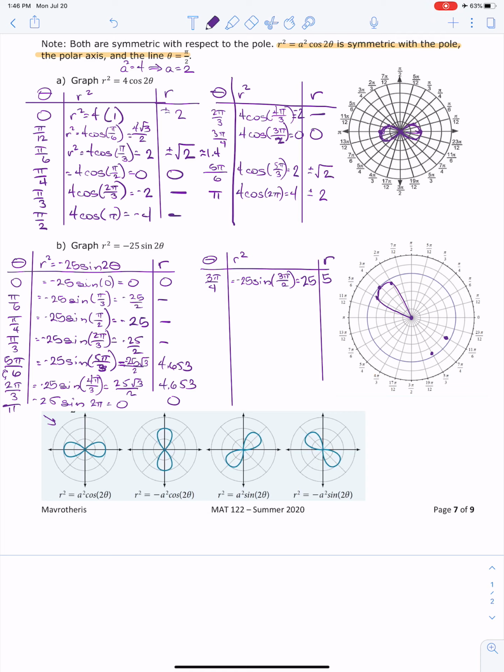And then halfway between them at 7 pi over 4, I'm going to get 5. And there we have our lemniscate in terms of negative a squared sine 2 theta.